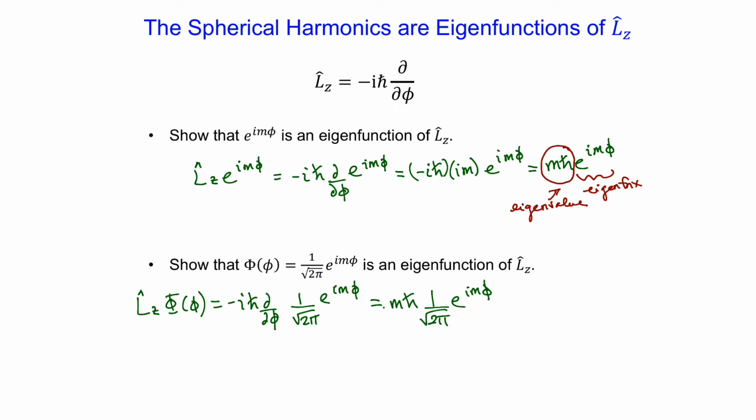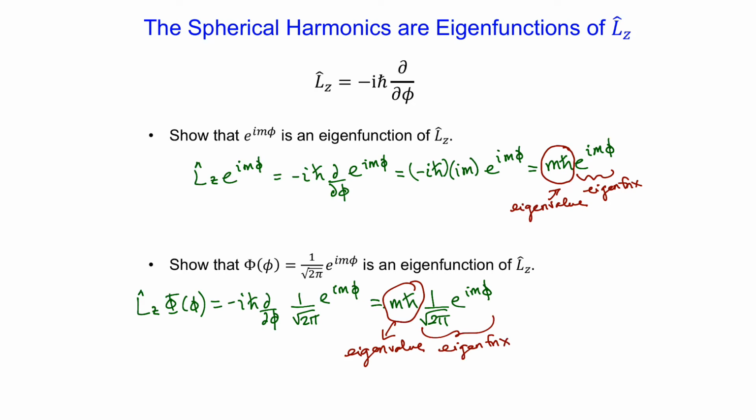So if this is our eigenfunction, we're looking to get that whole thing back out. So this part right here is the eigenfunction. All right, so a little extra on there. And then that leaves m h bar again as our eigenvalue.